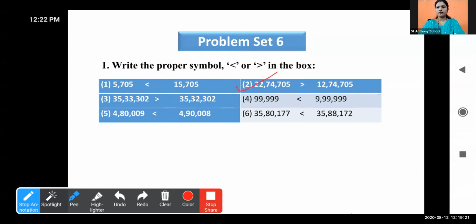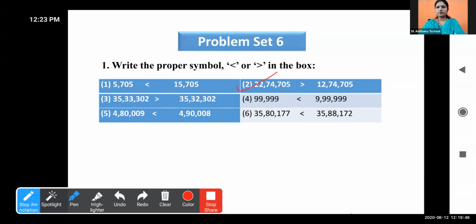Okay. Now, second example. 22 lakh 74,705. And the next number is 12 lakh 74,705. Now both the numbers are 7-digit numbers.